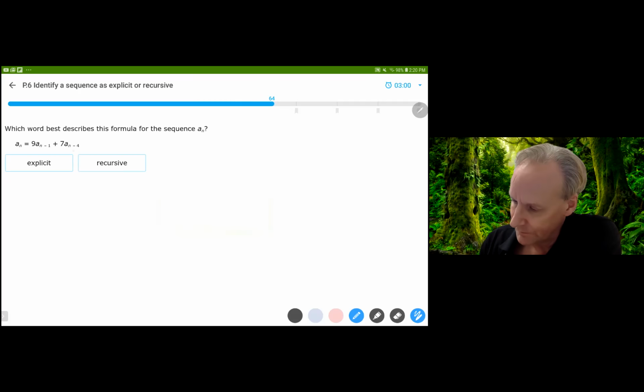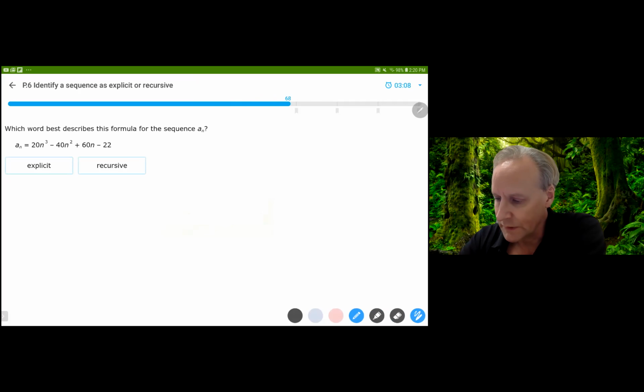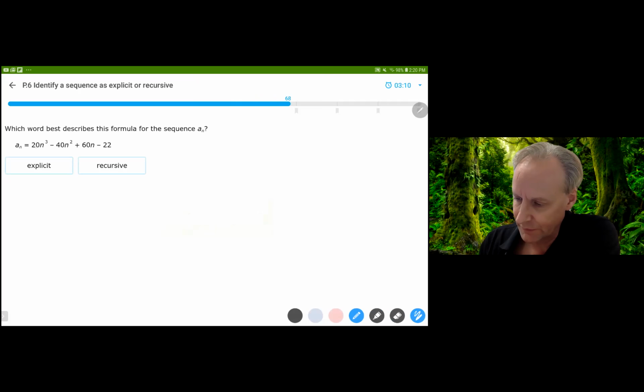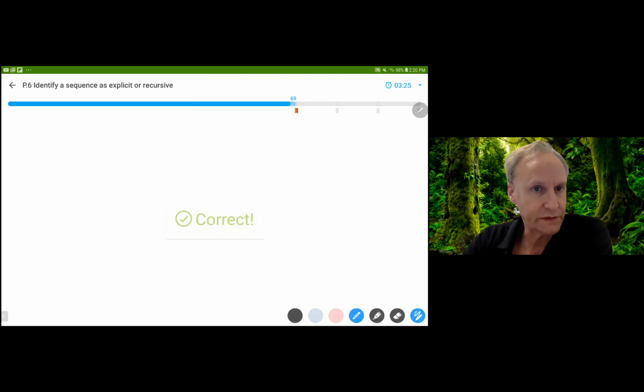This one is recursive because it's involving past terms. This one is explicit because it only has n's. Even though it's a big one, this is called a third degree polynomial. It has 4 terms. Its highest exponent is a 3, lots of stuff going on, but it's definitely explicit.